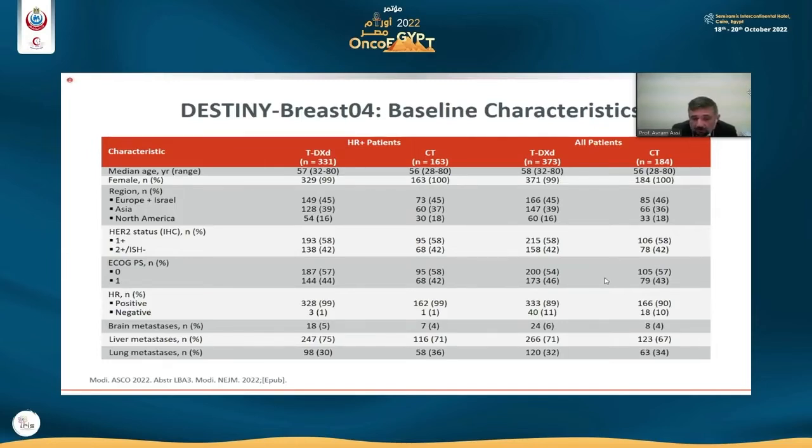Of course, females comprised most of the patients, 99.6% of the whole trial population. The trial participants were 48% white, 40% Asian, 2% Black or African American, and 3.8% Hispanic or Latino.